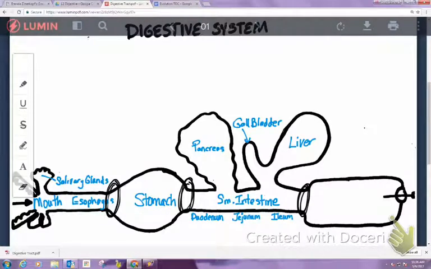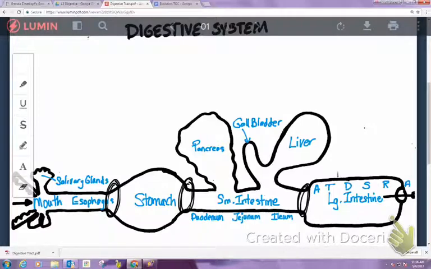And then over here, what would this larger tube be? And the large intestine has different parts. Ascending, transverse, descending, sigmoid colon, rectum, and anus.